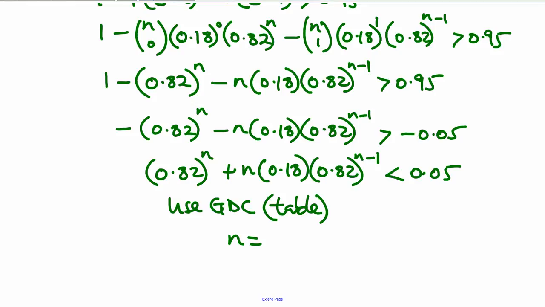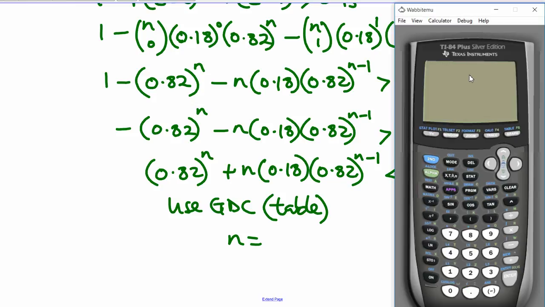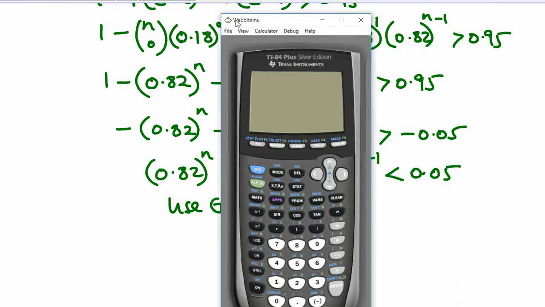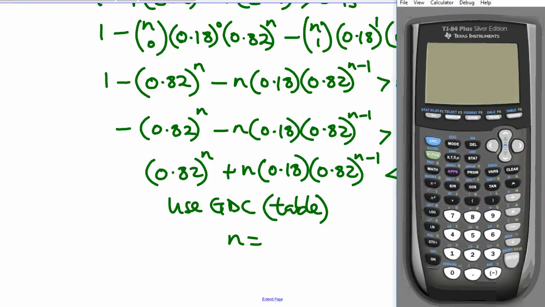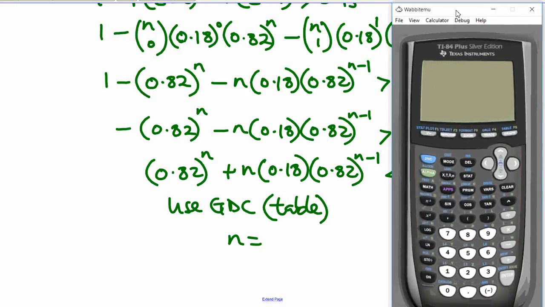So if you go on your calculator, let's keep it to the left here.